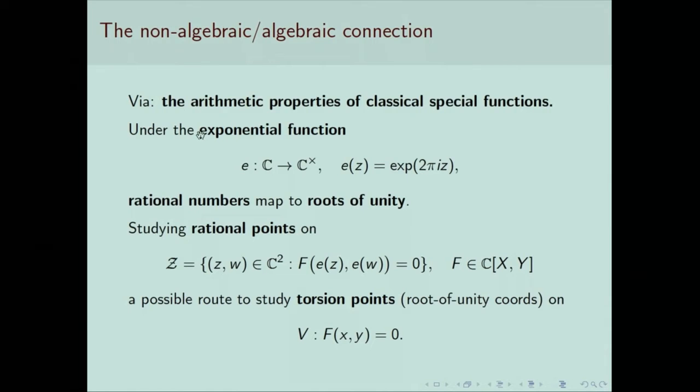So if you take the exponential function, which I've modified with a 2 pi i, so that it takes rational numbers to roots of unity, then if you study the rational points on this set I've called curly capital Z, which is generally a highly non-algebraic set, then that gives you a possible route, maybe not a very plausible looking route, to study roots of unity on a plane curve f(x,y) equals 0.